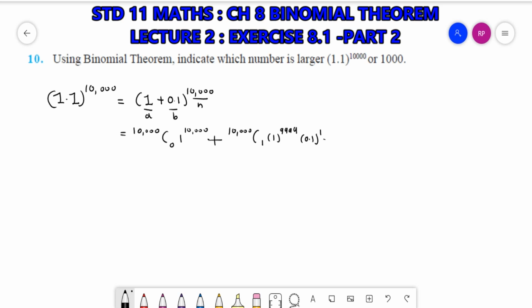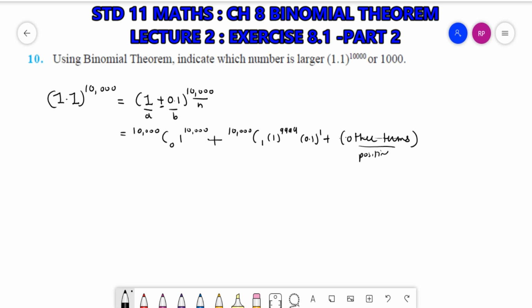0.1 raised to 1, plus whatever other terms there will be. I can write down the other terms, and these other terms will be positive because here it's plus.